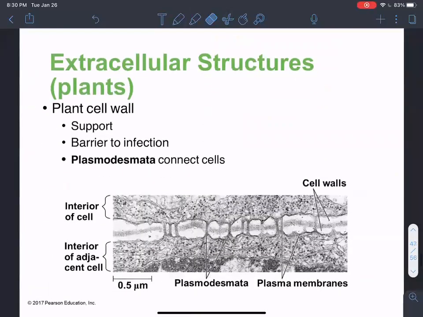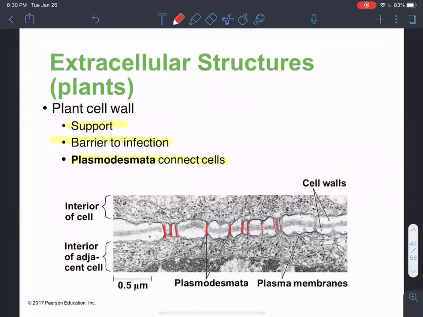All right. So what about extracellular structure in plants? So the plant cell wall is what gives it support. It's going to give a barrier to infection, and we're going to use plasmodesmata to connect the cells. So you can see the plasmodesmata here linking these cells like little bridges between the cells.